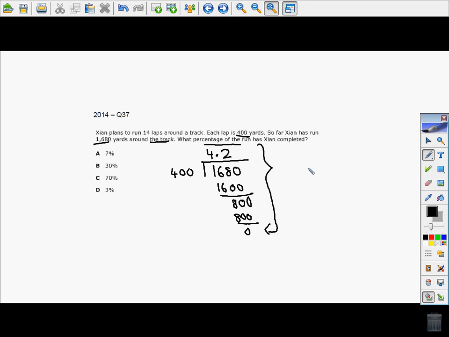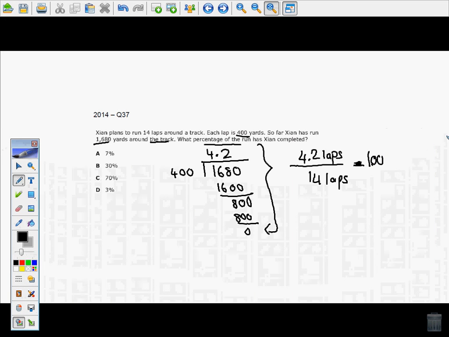Now we need to compare. 4.2 laps will be how many percent of 14 laps? Let's compare. We have to multiply by 100, and this side is going to be how many percent?